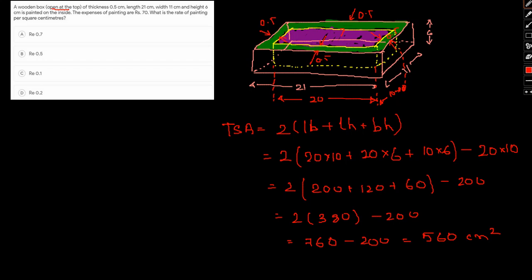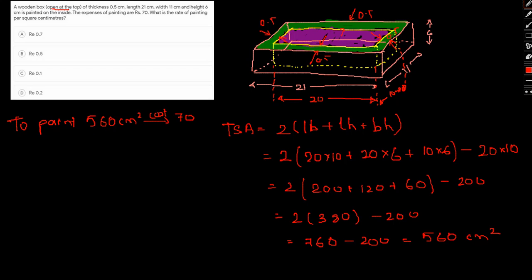Now it is said that the expense of painting is rupees 70. So therefore, to paint 560 square centimeters, it costs 70.